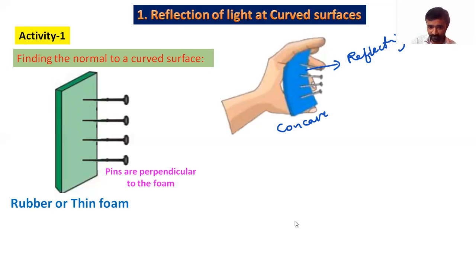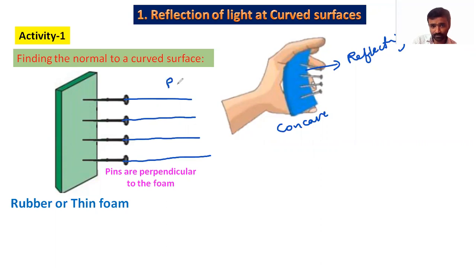Here, if I draw a straight line, what happens? How are they looking? Parallel to each other. They never meet for any extension. Yes or no? They never meet.